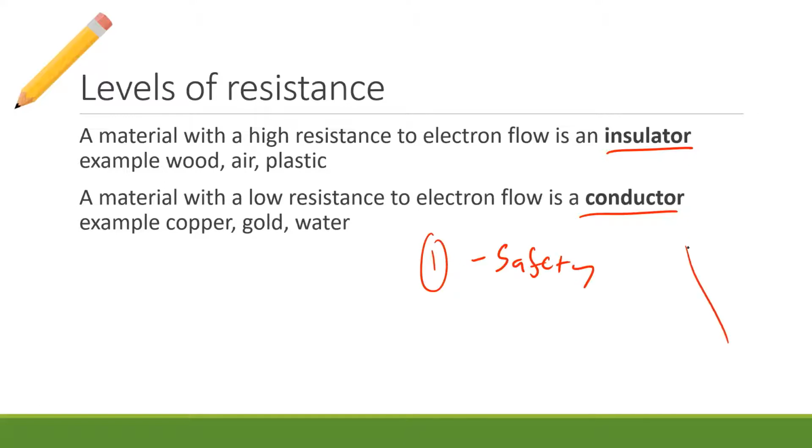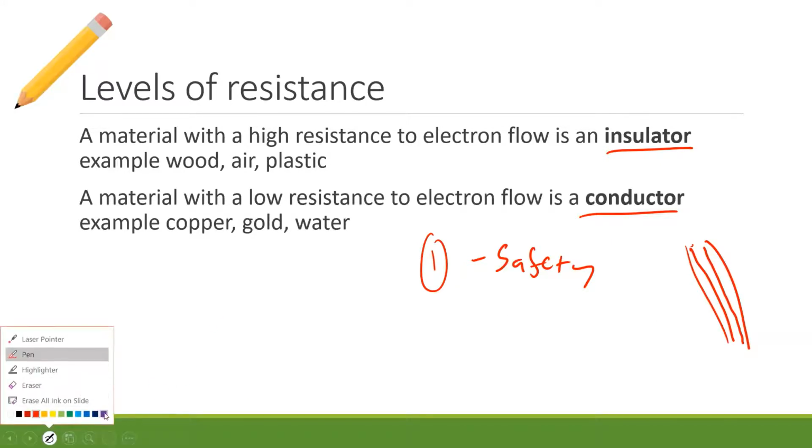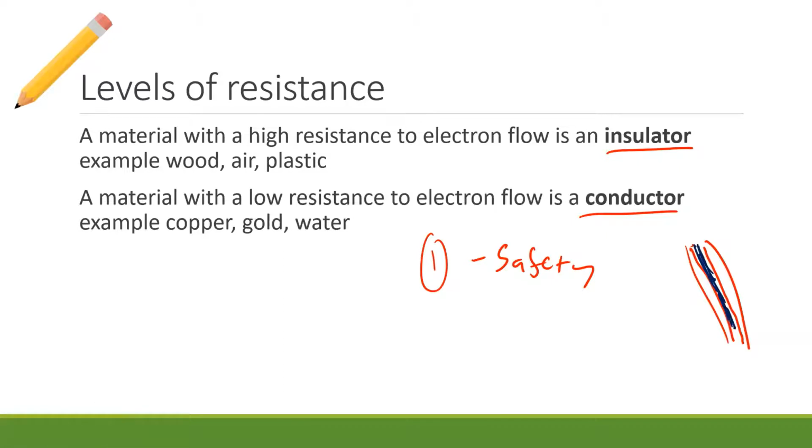One of the reasons that we put plastic around a wire is just for safety, because it means that we can pick up a wire without the fear of getting electrocuted, even if that wire is plugged in. Imagine if you had to switch off an electrical cable every time you wanted to touch it.